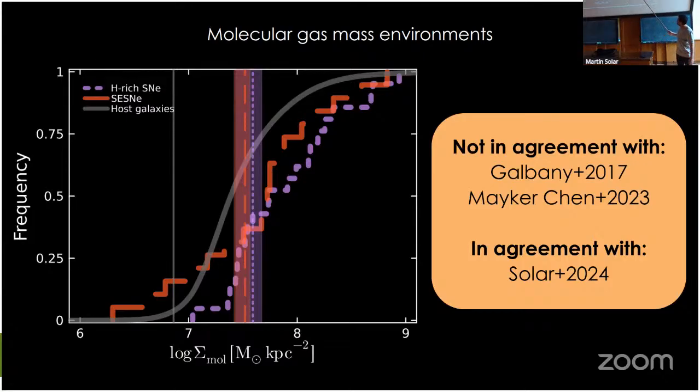Also, in Mickiewicz in 2023, they used ALMA, but the difference is that they used a reduced sample of only 5 type Ic supernovae plus 3 type Ib supernovae. Our sample was a large sample statistically speaking, because we use simulations and observations, and simulation agreed with observation.